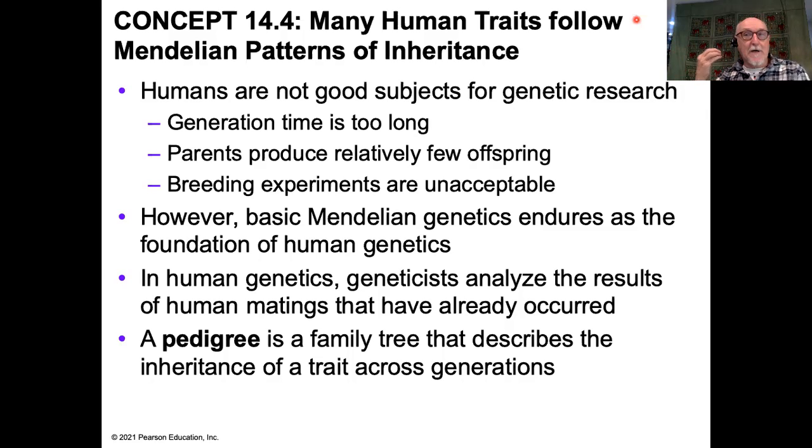And this is actually incredibly common. Because we have so few offspring per family, and because our generation time is so long, just one of these instances in a family can throw off all of the patterns of inheritance that are observed. So that is something that needs to be borne in mind. Human beings are naughty things, okay, and they sometimes do things which a scientist would rather that they didn't do, because it throws the numbers off.